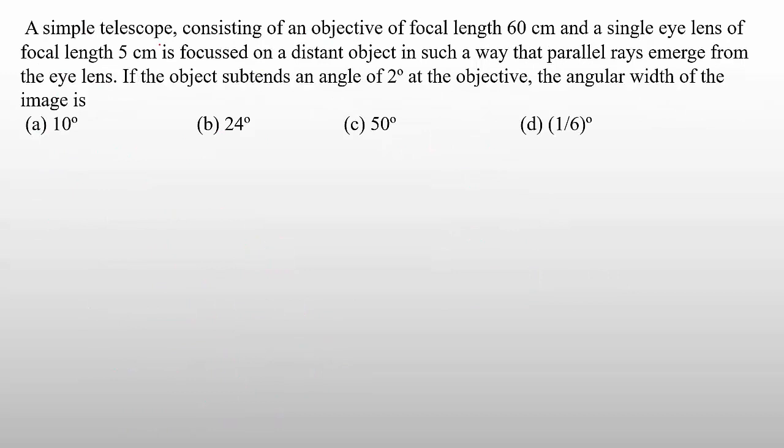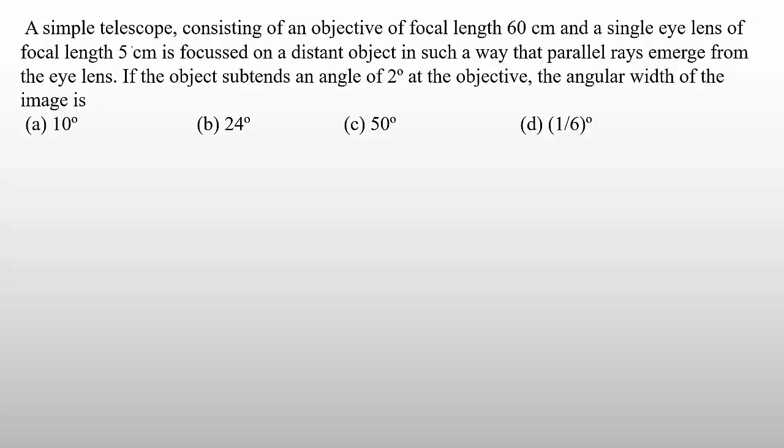A simple telescope consisting of an objective of focal length 60 cm and a single eye lens of focal length 5 cm is focused on a distant object in such a way that parallel rays emerge from the eye lens. If the object subtends an angle of 2 degrees at the objective, the angular width of the image is.